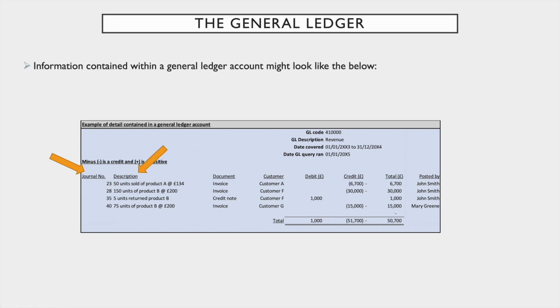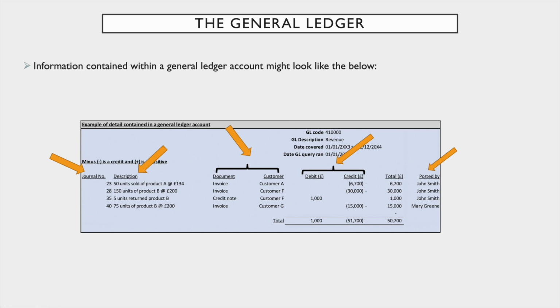You might want to go to the general ledger to see further detail of a transaction, so it would make sense to have some background information or description of what is making up that transaction. In this case, it was 50 units sold of a certain product at a certain price. We've got that information there, and that was based on an invoice, and then you've got some information on who the customer might be. We've got the debits and credits, and then the total impact here, and some additional information might be who posted that journal. If you wanted further information that wasn't contained within the general ledger account, the person who posted that journal might be useful.